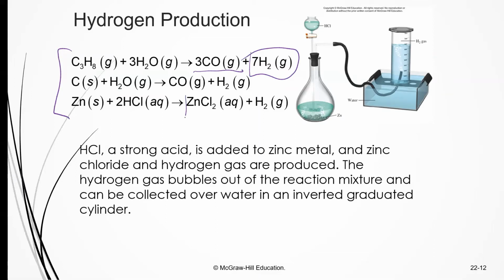Another common one that you've probably done before is when we add zinc to an acid, and that can produce hydrogen. It depends on what scale you're doing these. These top two are more on our industrial scale. The reason why they're done so easily right now is because carbon monoxide can be a very useful material.